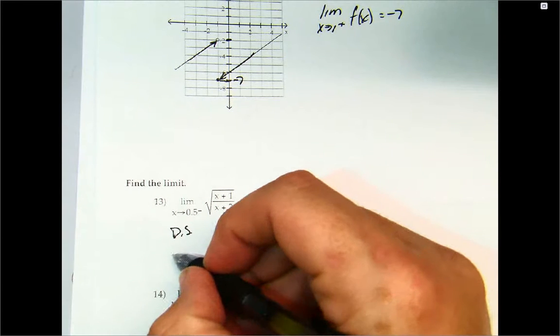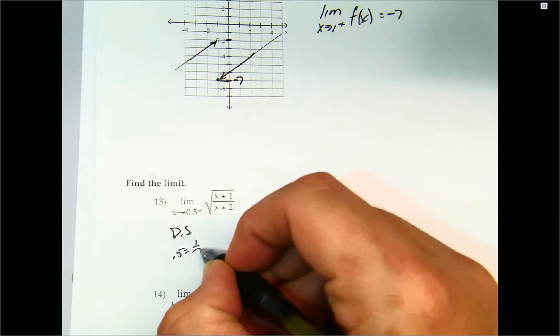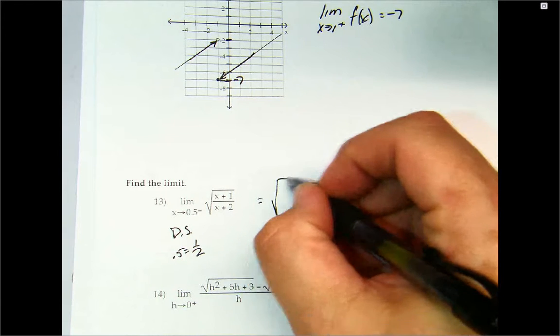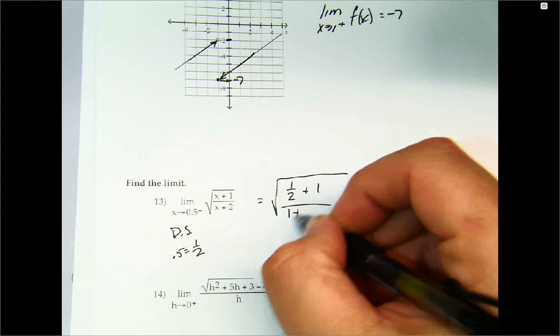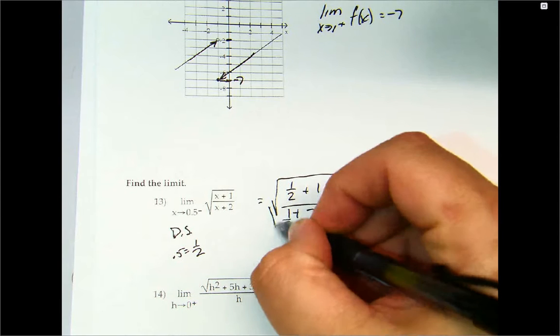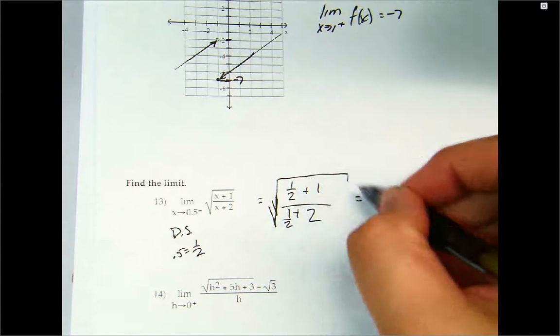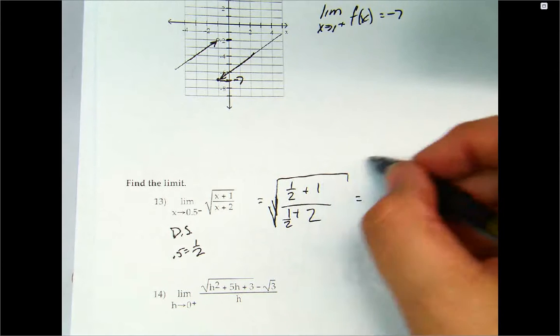So I'll say this is equal to 1/2 plus 1 over 1/2 plus 2. So 1 is equal to 2 over 2, and 2 is equal to 4 over 2.